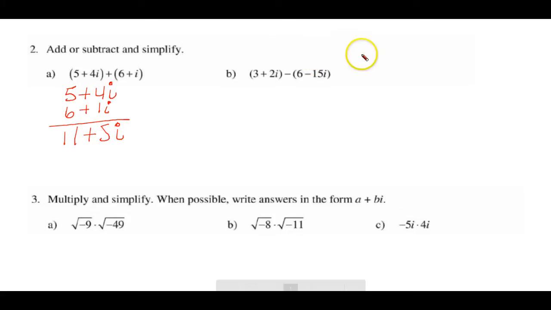Now here again, we have 3 plus 2i, and we're asked to subtract. Again, a negative sign in front of a parenthesis. What does that do when we take the parenthesis away? We change both signs. So this is a negative 6, and this becomes a positive 15i, and we just add them up.